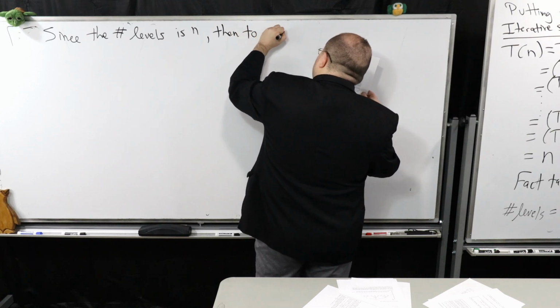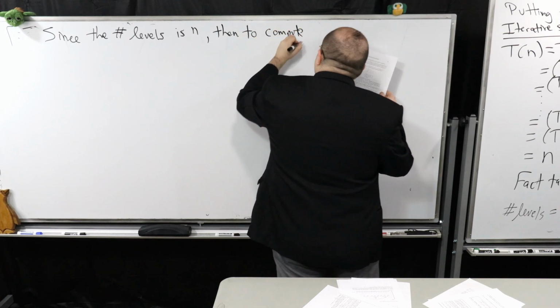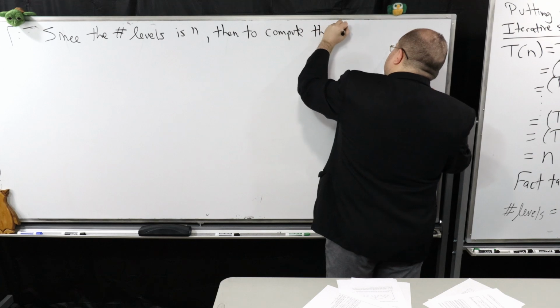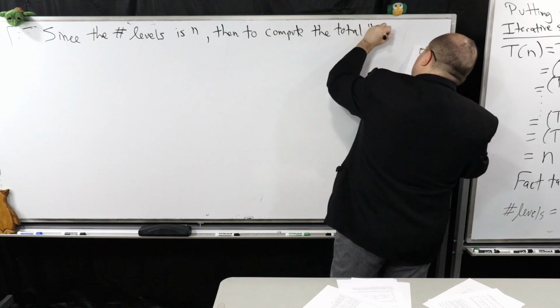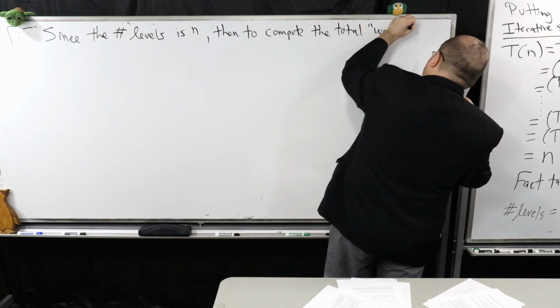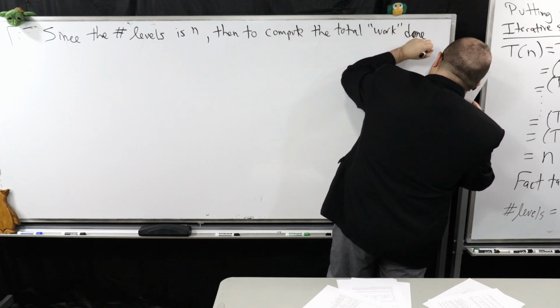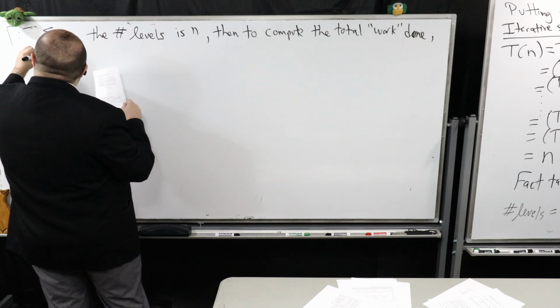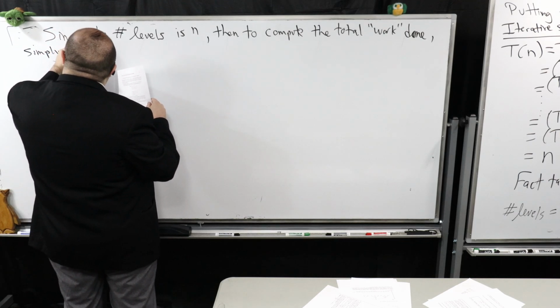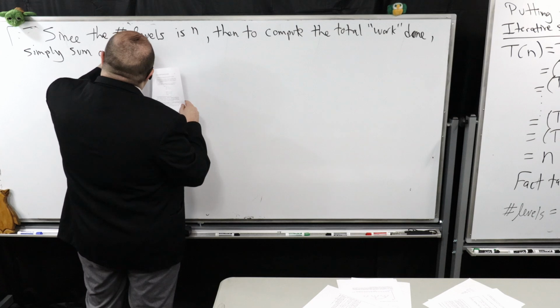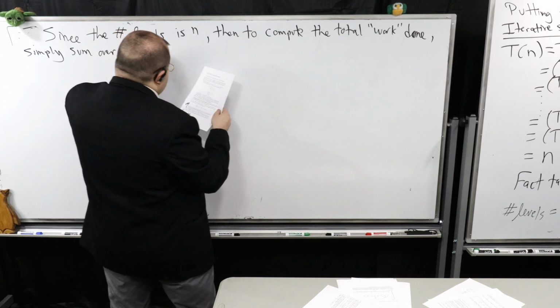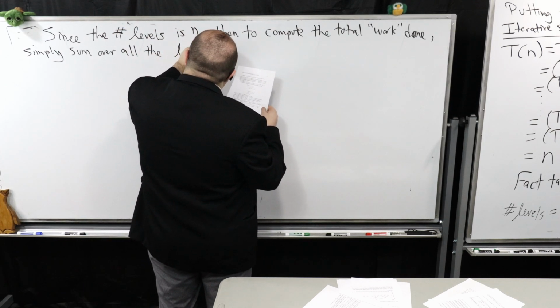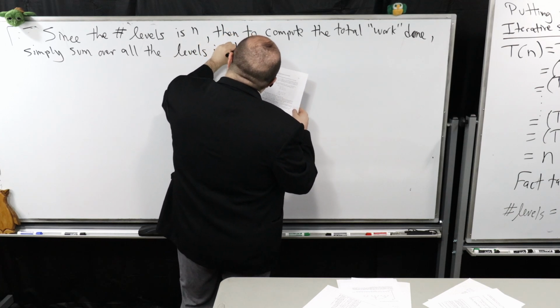Then to compute the total work, which is the number of operations that happen at most, simply sum over all the levels in the tree.